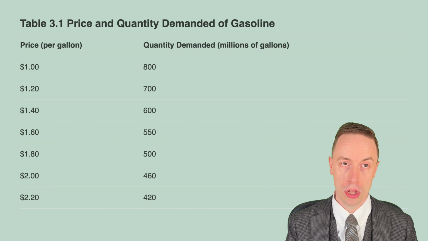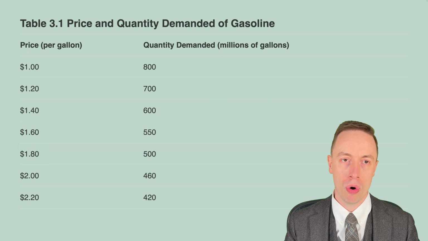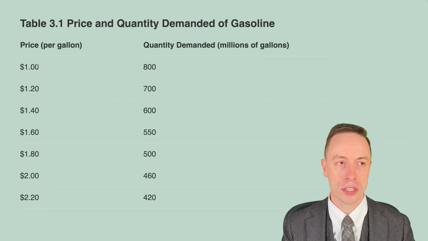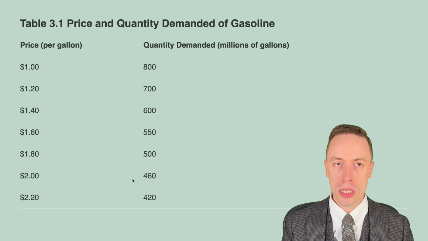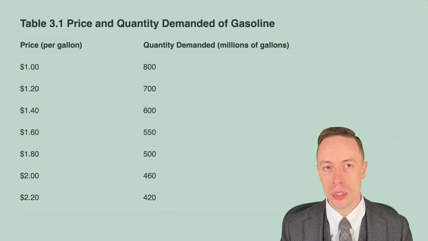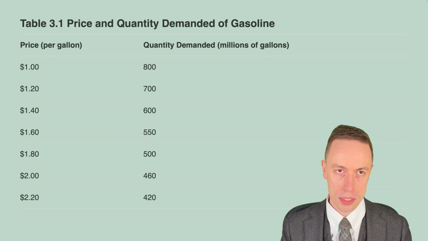So the first thing we're going to look for here is our old friend, the law of demand. Notice in this example, as the price of gasoline increases, we end up with a lower quantity demanded. So that's absolutely in line with the law of demand. Now notice how I said, as the price goes up, we see a lower quantity demanded.